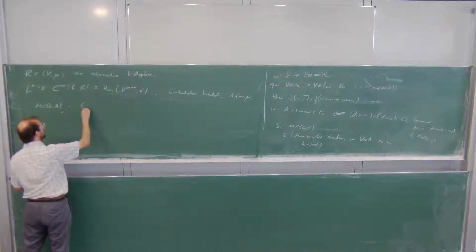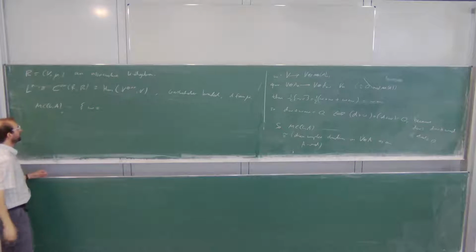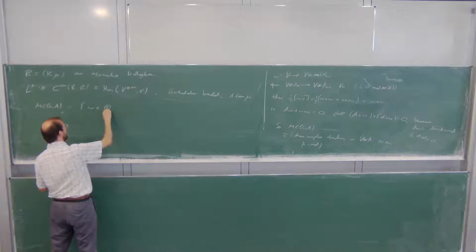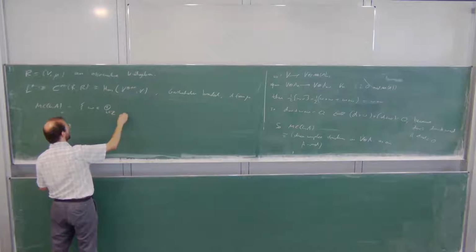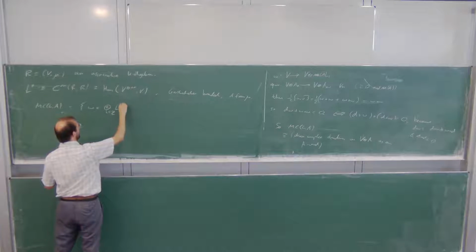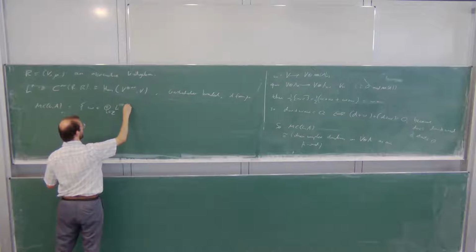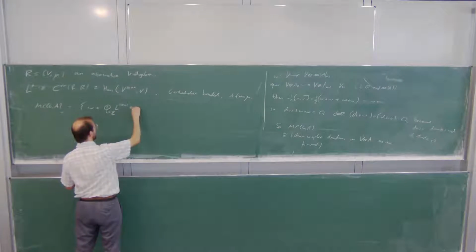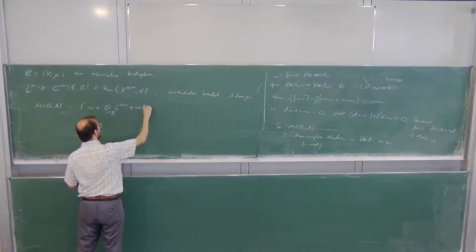When we input a DG Artinian ring, we've got omega in L1 plus I tensor AI.